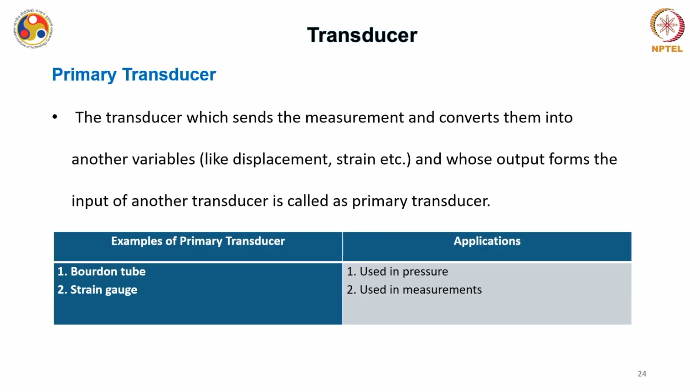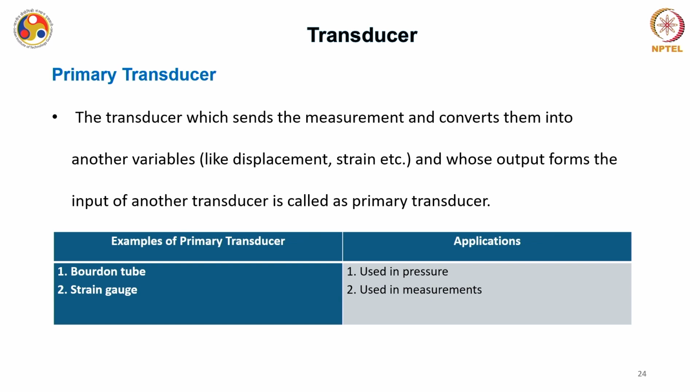Then we have transducers like primary transducers and secondary transducers. The transducer which senses the measurement and converts it into another variable like displacement or strain, and whose output forms the input of another transducer, is called the primary transducer, like the Bourdon tube and strain gauge.